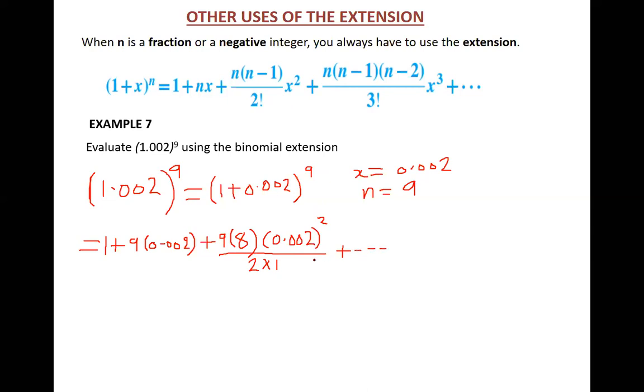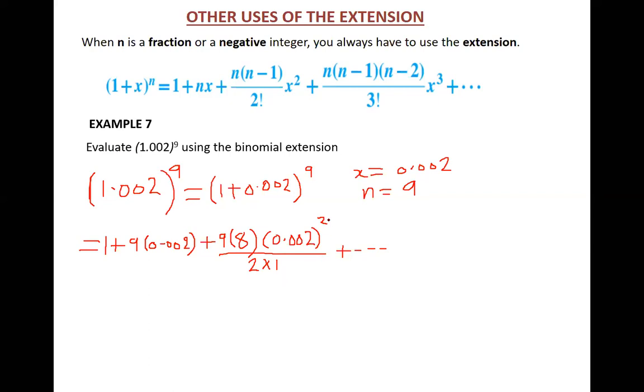But in such questions, if you know that you don't have time, more especially in the exam room, and maybe the accuracy of your answer is not specified, what you do is you just end on the third term. You don't go further than the third term, because you can spend the whole 3 hours in your exam room just answering one question.